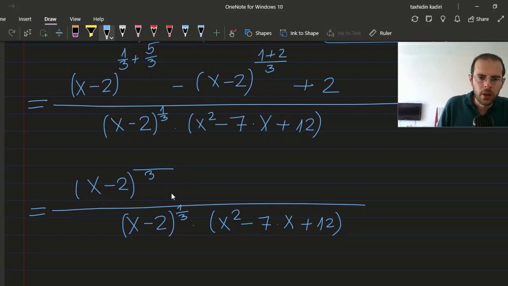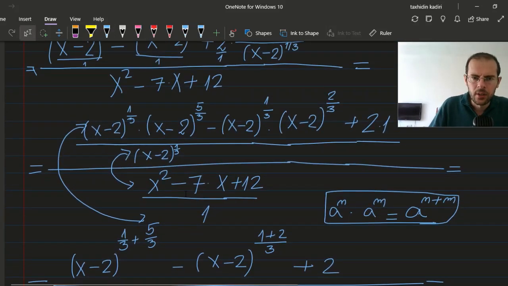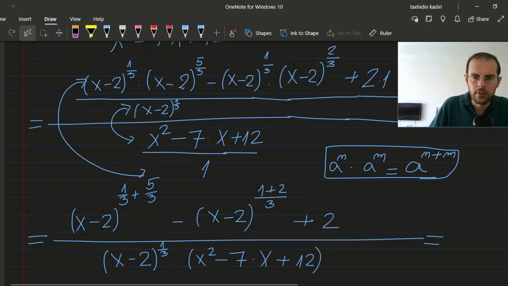3 divided by 3 is 1. 1 multiplied by 1 plus, because we have here plus. 3 divided by 3 is 1. 1 multiplied by 5. We have minus. Here, just a second. Here I have added.